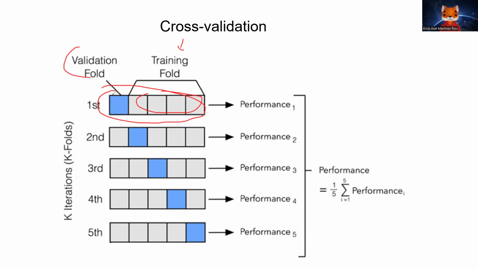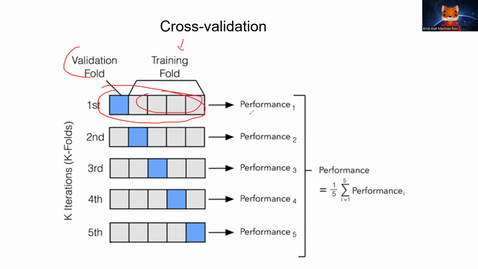And the idea is that each time I switch the training and validation folds, I will be using the validation fold to make a prediction, and I will compute the performance of the model on the validation set.